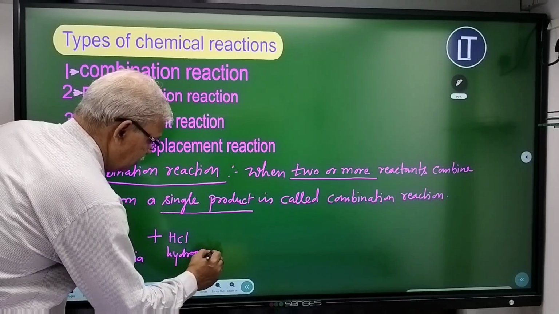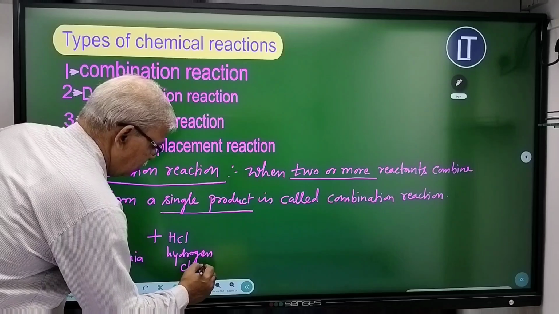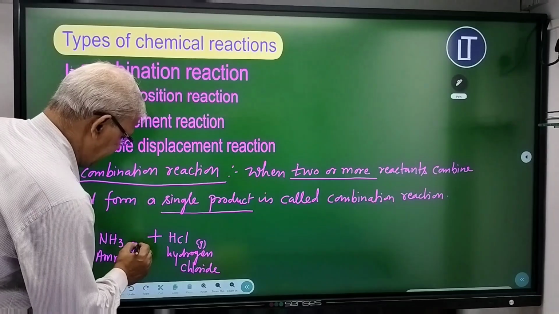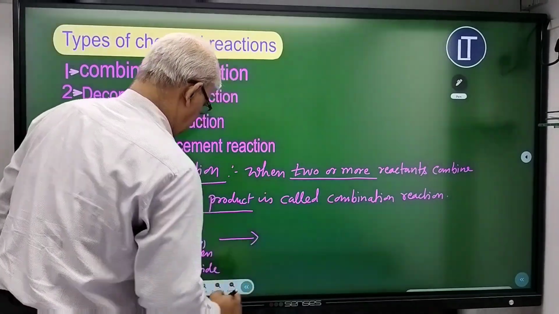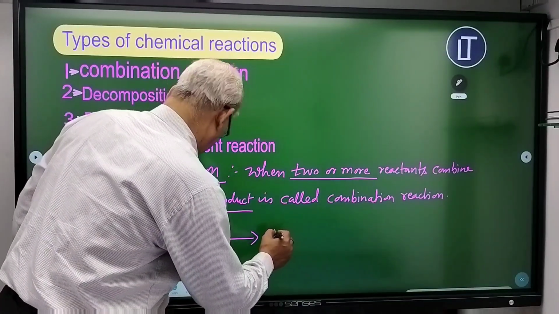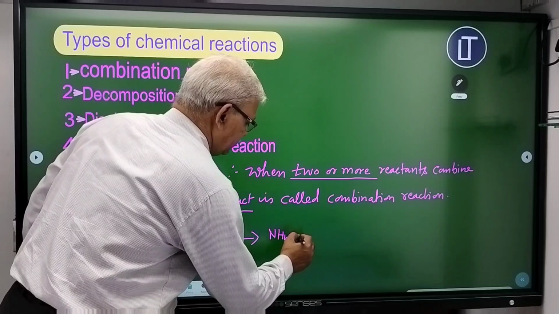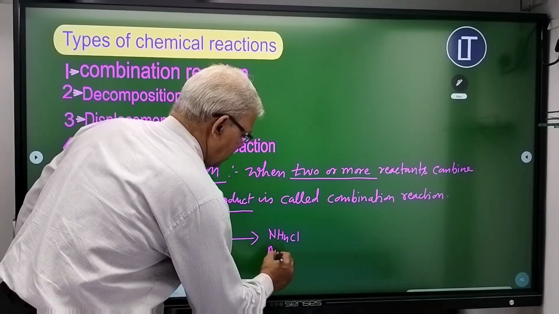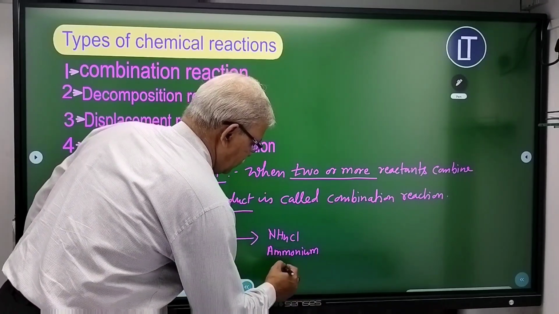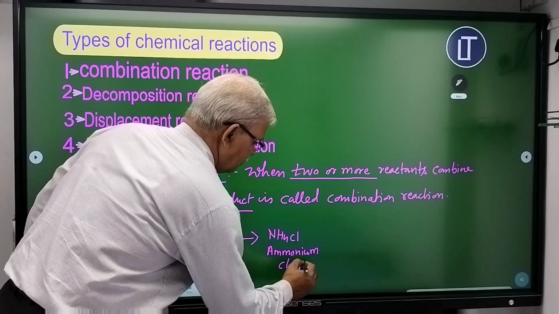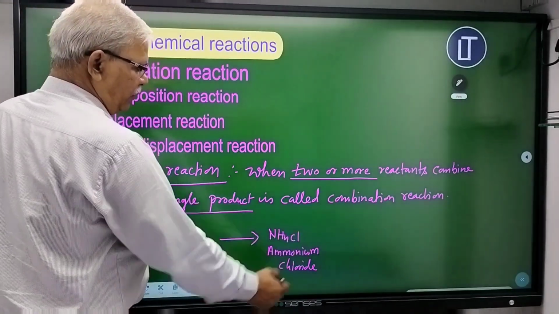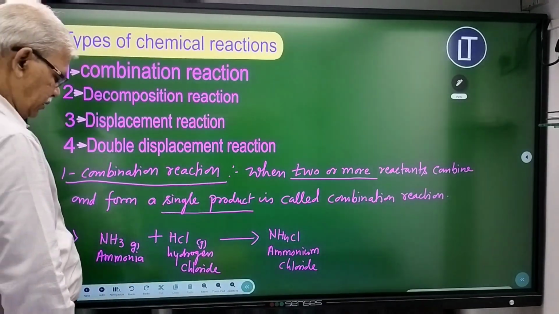This is also gaseous. Forming ammonium chloride, NH4Cl. Okay, from two reactants forming a single product.